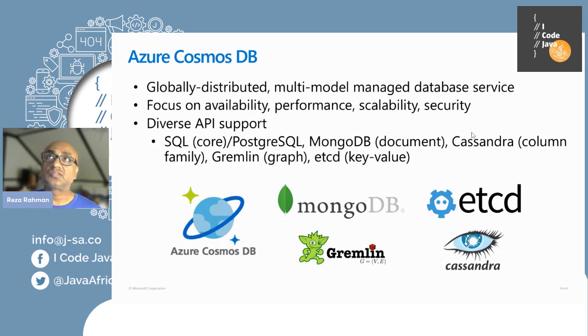So basically, it's one database that speaks multiple languages, if you will, right? You have to make a choice of which of those languages you're going to use to access Azure Cosmos DB.